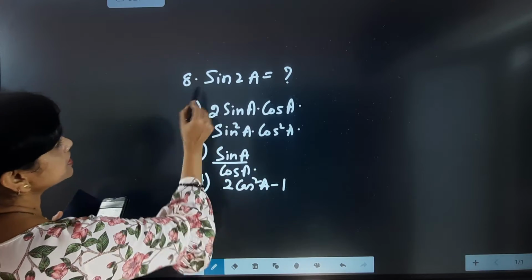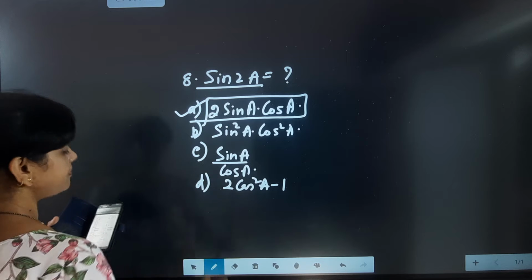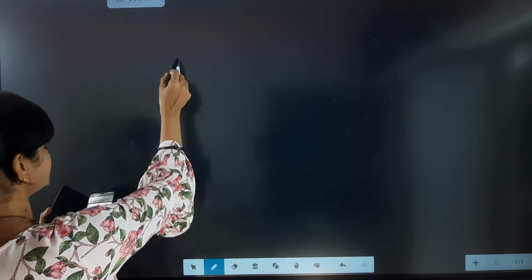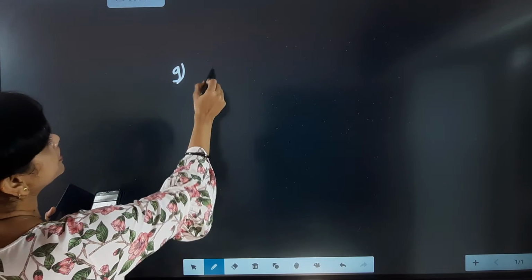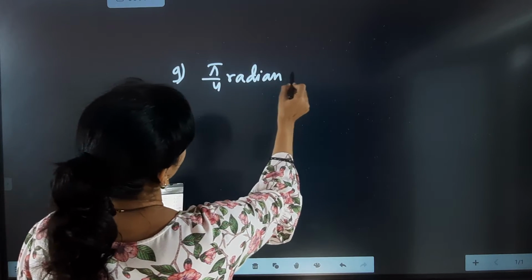The correct answer is, the sine 2a formula is 2 sine a into cos a. So answer will be A, that is the correct answer. Now we will go for the ninth one. Ninth question they are asking that we have to convert pi by 4 radian will be equal to what.